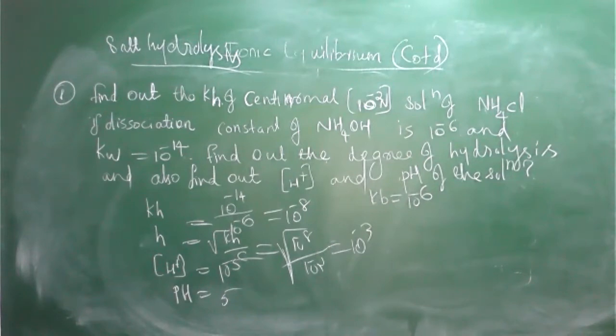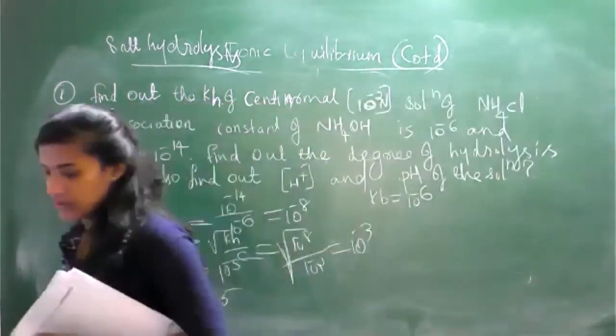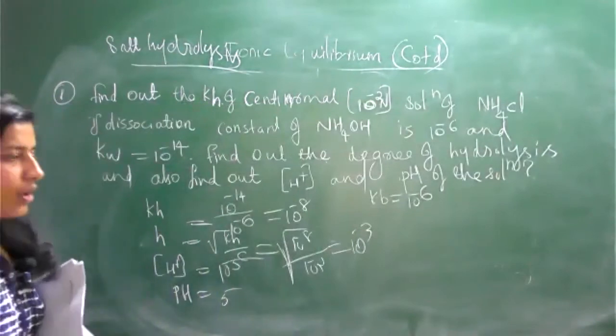After dissociation, the concentration is C. How much? 10 to the power minus 2. H, you find it out. How much? 10 to the power minus 3. So after that, 10 to the power minus 5. Okay.